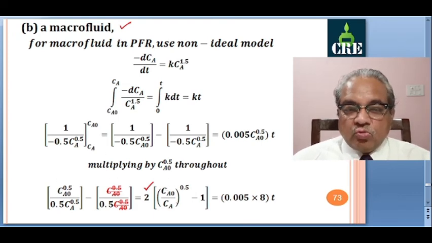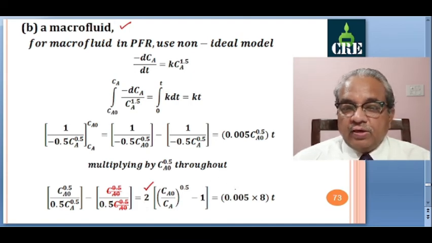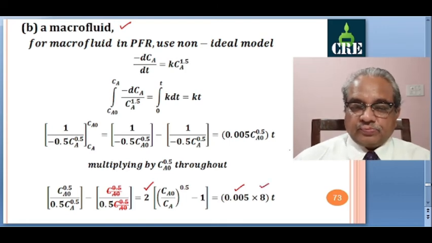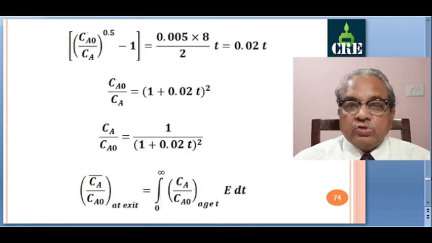So Ca0 by Ca raised to 0.5 minus 1, this 0.5 I have taken out as 1 by 0.5 and 1 by 0.5 is 2, that is equal to k 0.005, Ca0 raised to 0.5, Ca0 is 64, so square root of 64, that is 8t. Okay, so Ca0 by Ca raised to 0.5 minus 1 is this 2, we have to transfer on this side now. So if you solve this, this is simply 0.02t.